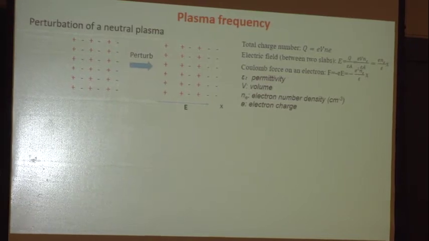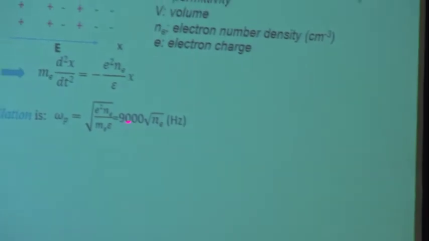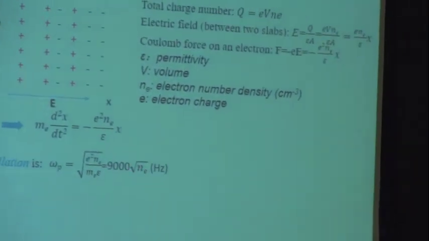So you can write down a simple Newton equation: F equals ma. Here's my F, here's my electron mass m, and this is the change. This is like an oscillating spring equation, right? This is like a friction, this is like the accelerating force. So the frequency is just the square root of this, and you get about 9,000 times the square root of the electron number density.